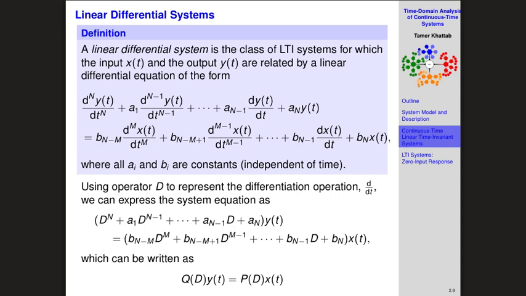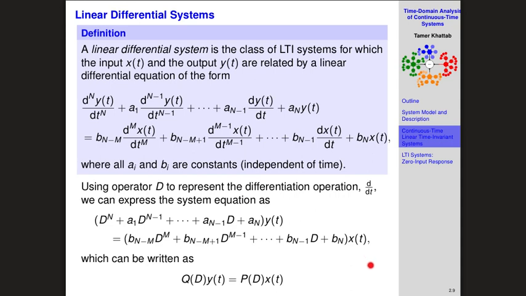Up to the nth derivative, we call that D to the power n, right? So here we are representing what you see up there in the original representation of the system with a polynomial. That's the target. So we are representing this equation with a polynomial-like equation where we have the derivative parameters represented as a polynomial and then multiplied by y of t, equal to the derivatives multiplied by the input, right?